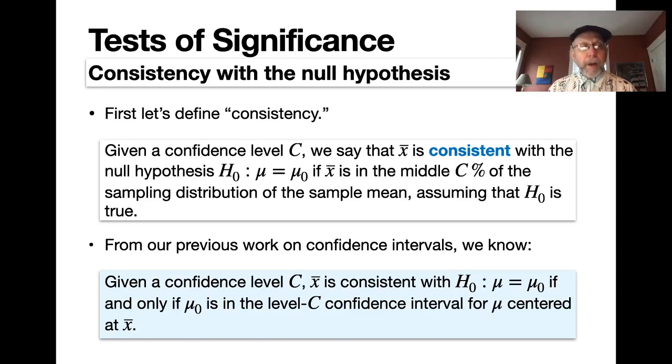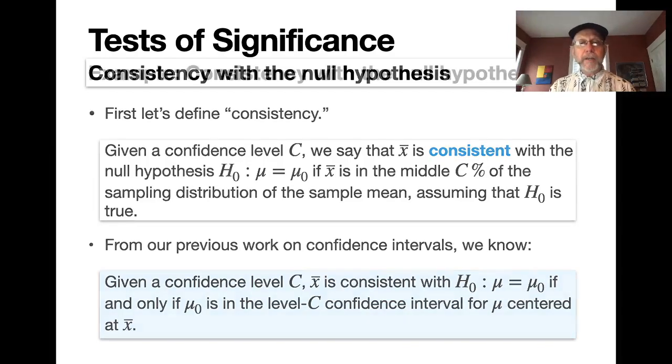So those two shaded boxes there are equivalent ways of deciding whether your sample data is consistent with the null hypothesis. You could either look at the middle C percent of the sampling distribution, or you could look at a confidence interval. What we're going to find, though, is that looking at the confidence interval is a quicker way to make that determination in most cases.